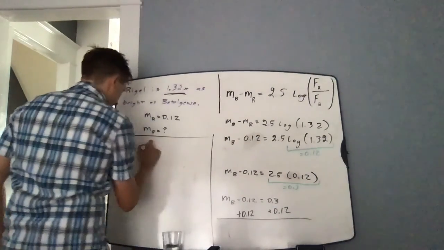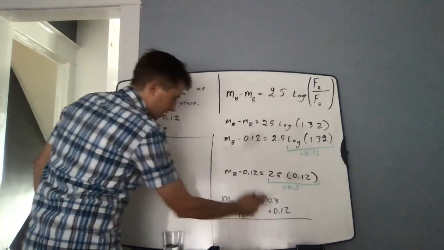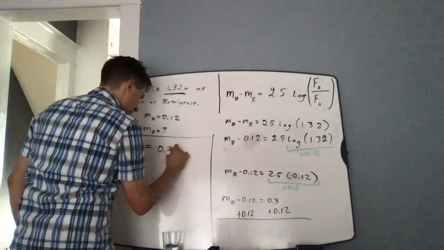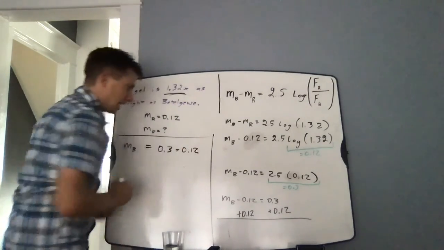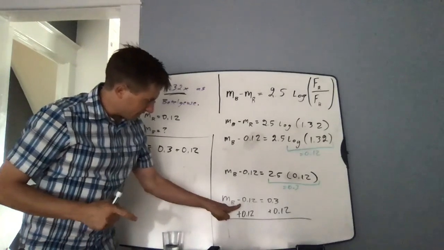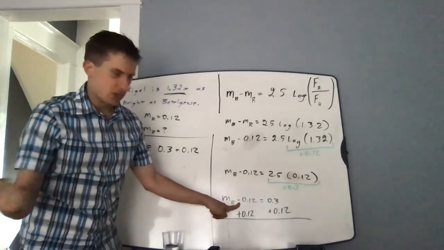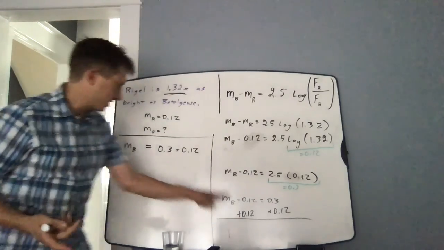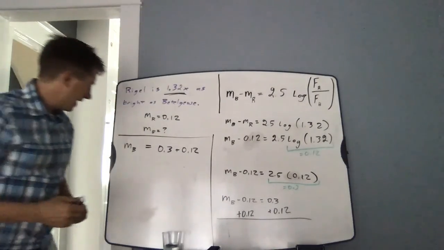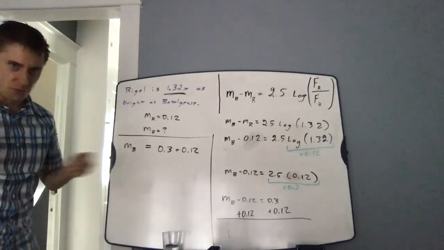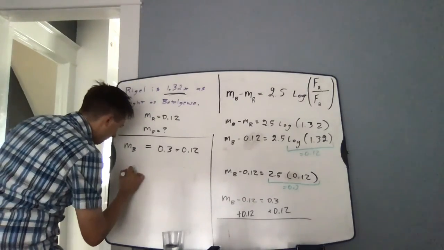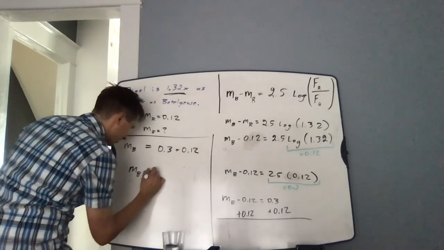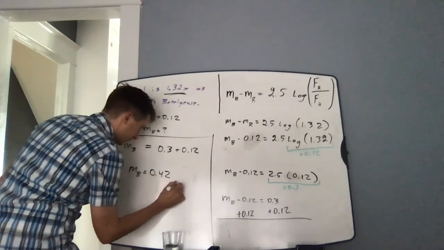And then here I would have 0.3 plus 0.12. Here I saw a negative sign, and in order to kill the negative 0.12, I know I have to add it because I want to get M Betelgeuse all by itself. And then after that, 0.3 plus 0.12, I find the magnitude of Betelgeuse is equal to 0.42.